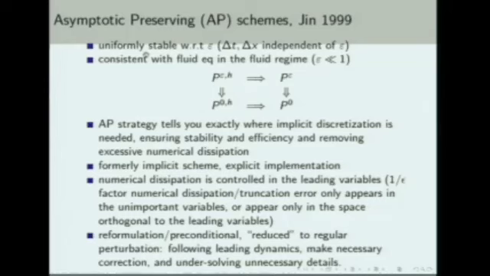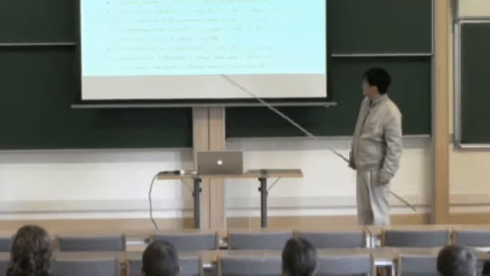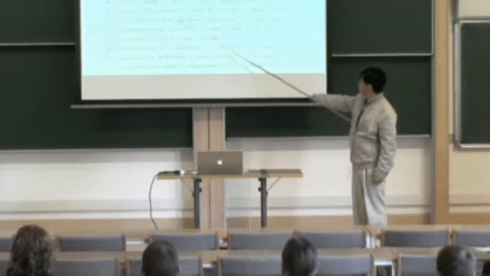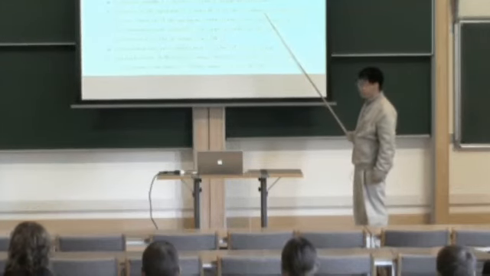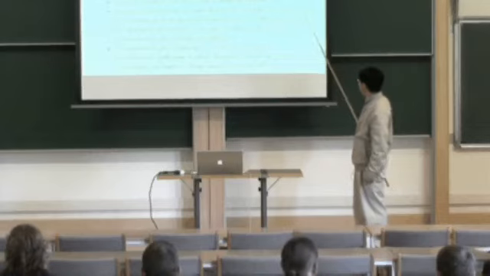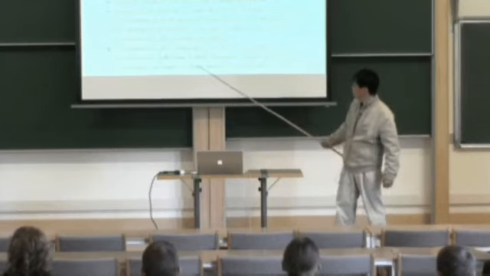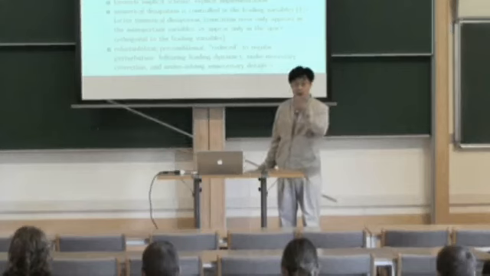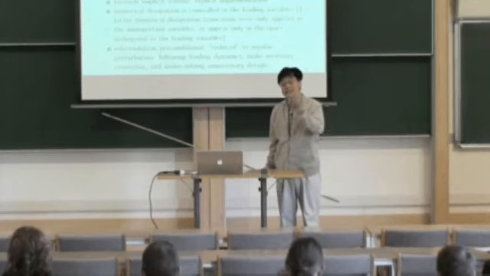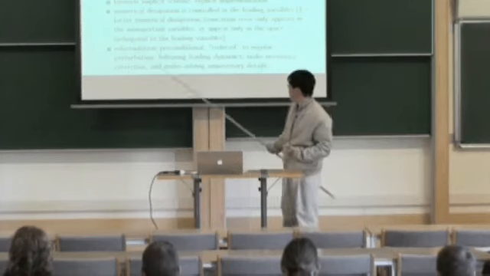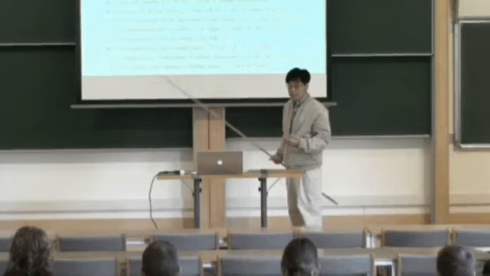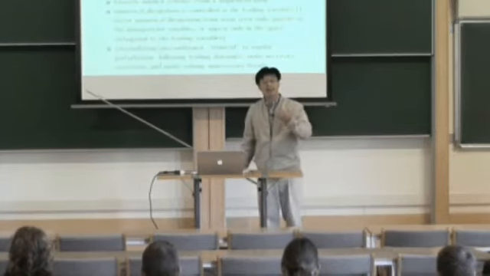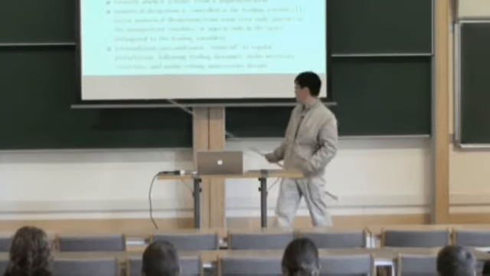Now this part I want to digest in more detail. Numeric dissipation has to be controlled in the leading variable. We have the parameter 1 over epsilon as a factor of the truncation error, because in the expansion you have truncation error, and this truncation error has to be stable. In this case we call it numeric dissipation, because this large error is a good way to stabilize.